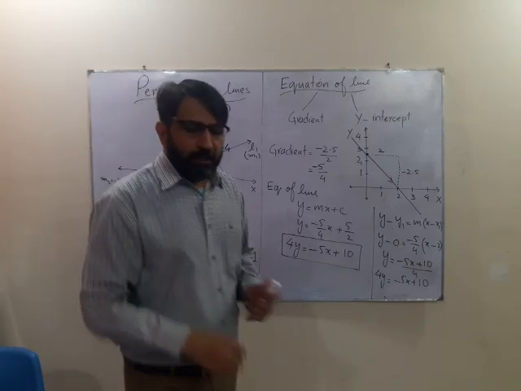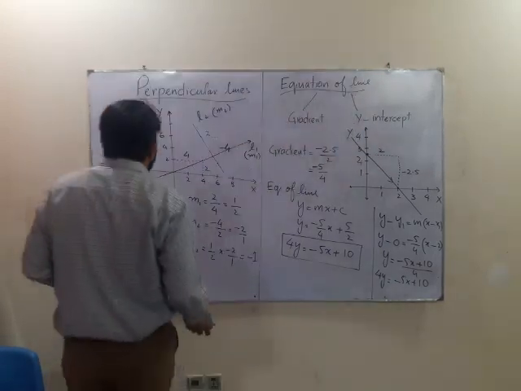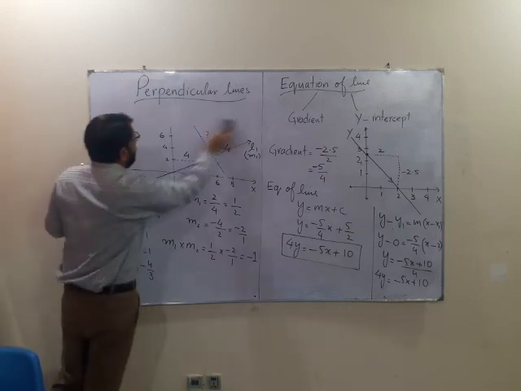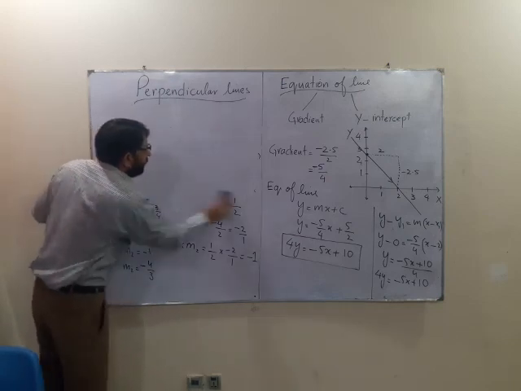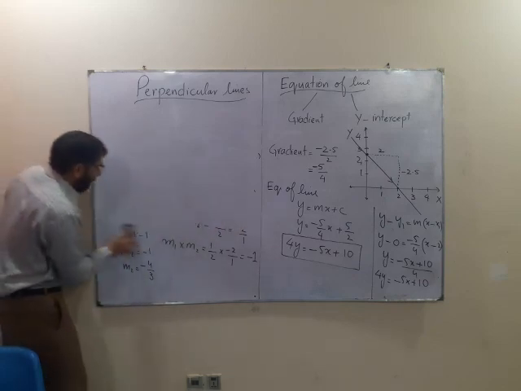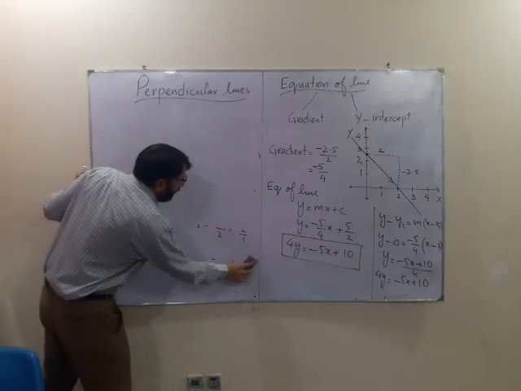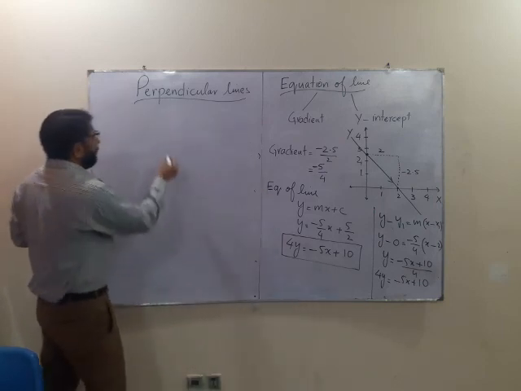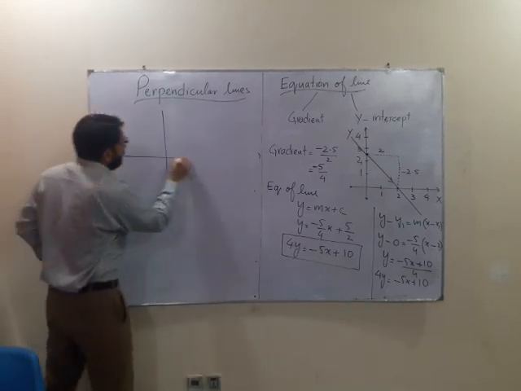Now, how do we see different lines and what is the behavior of their gradients? Let us see a situation when the line is parallel to the x-axis and when the line is perpendicular to the x-axis.